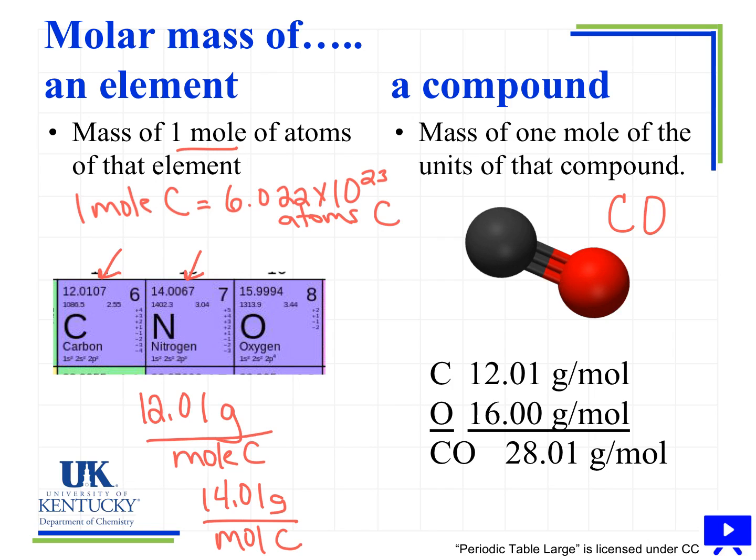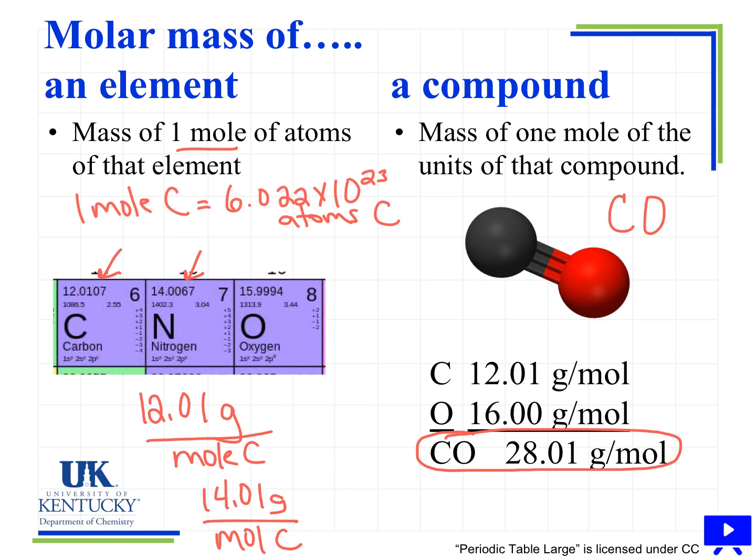For carbon, the molar mass of a single carbon is 12.01 grams per mole. For oxygen, it's 16.00 grams per mole, and together we get the molar mass of a compound simply by adding those two numbers together. So for carbon monoxide, CO, it's 28.01 grams per mole.